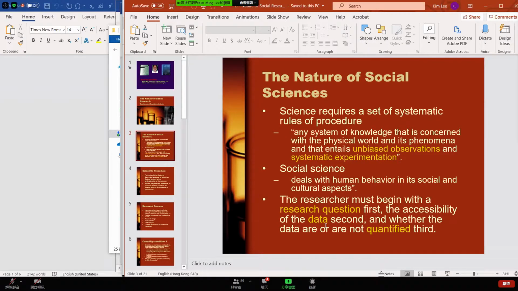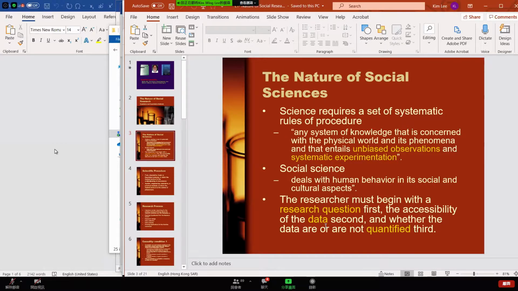For example, Benny To is doing his PhD research about the extradition movement, and he tried to interview students and young people. So interview is one of the kinds of data you want.